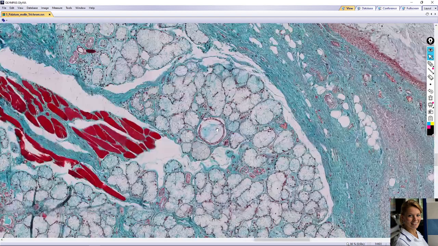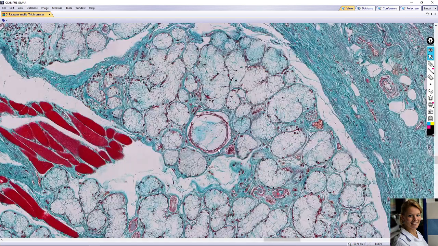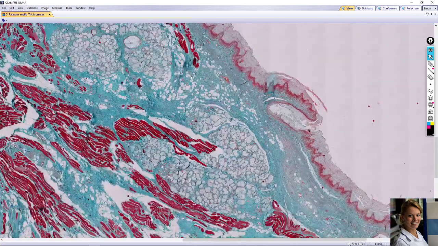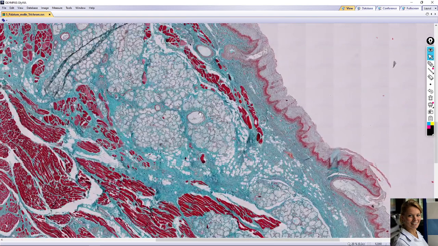Here you can see the duct lined by one layer of squamous or cuboidal cells. Here is also a duct of the gland.